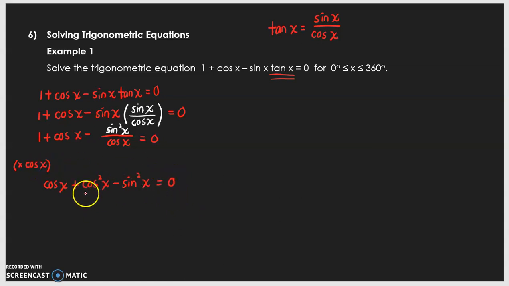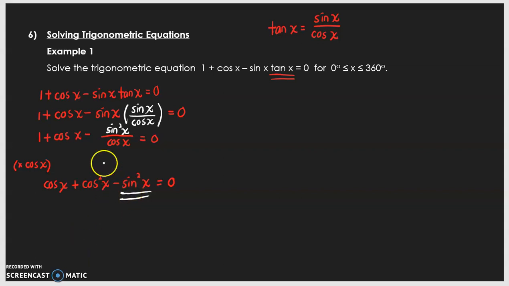So we have this equation. Next, since here we have cos x, from sine squared x, I need to change to cos x because this is our hint. Here we have cos x, here we have cos x. So for sine squared x, we have to change to cos x.